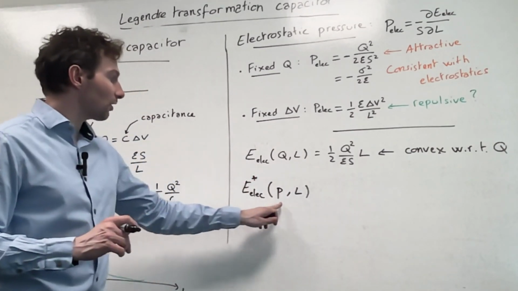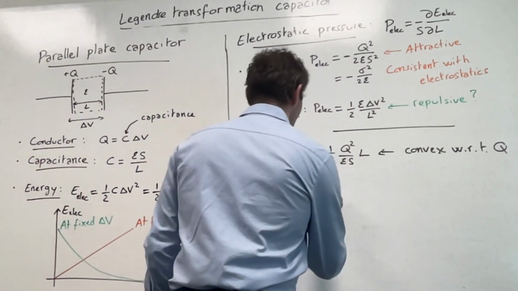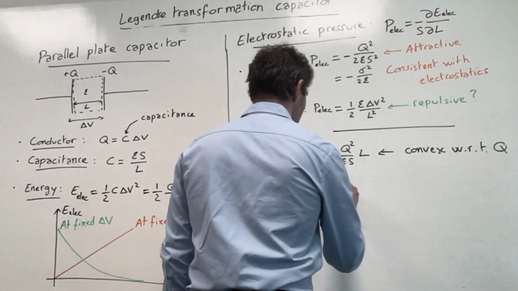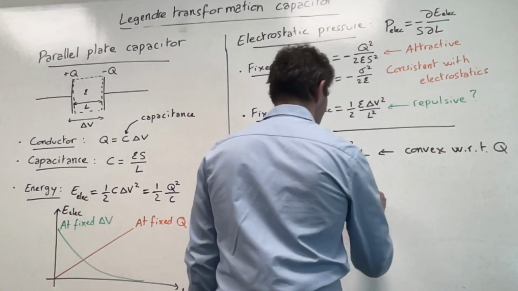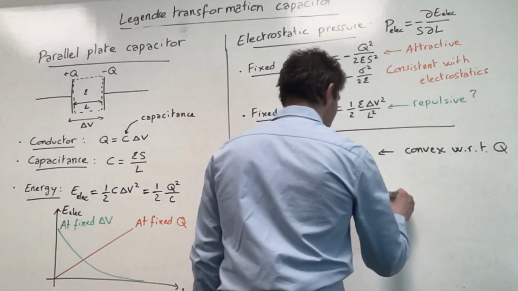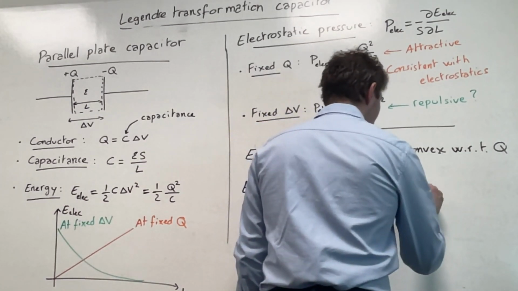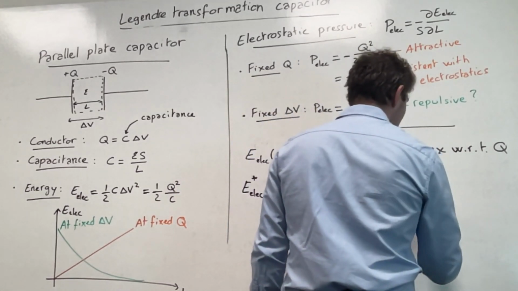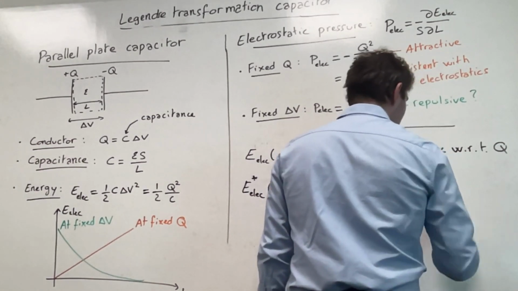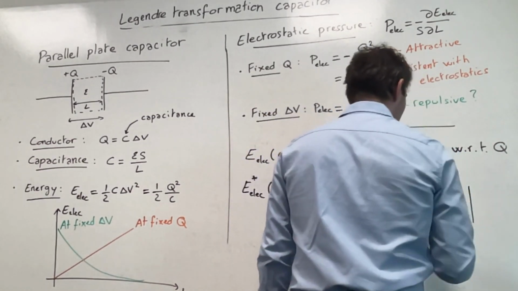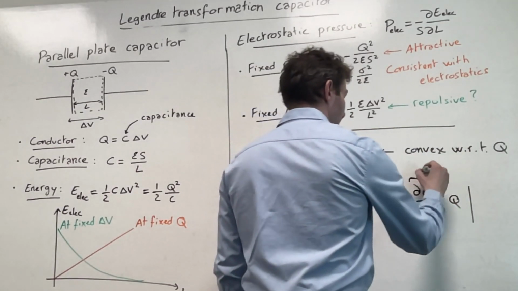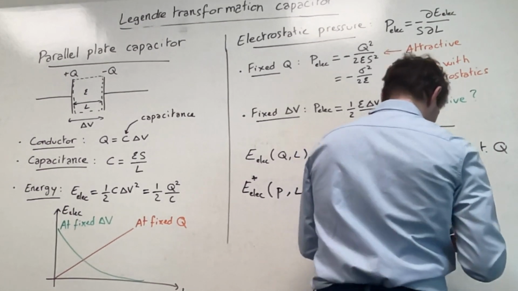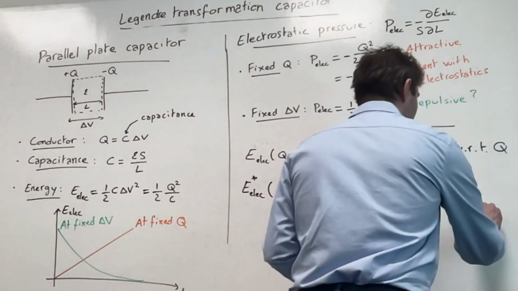So now I'm applying it on P, and what I want is that this is going to be E elec of Q and L, and then, because I don't know what it is yet, I need to say that this is dE elec over dQ, and that's what I call P for now. And then I replace Q by Q of P. That's what in principle I need to do.